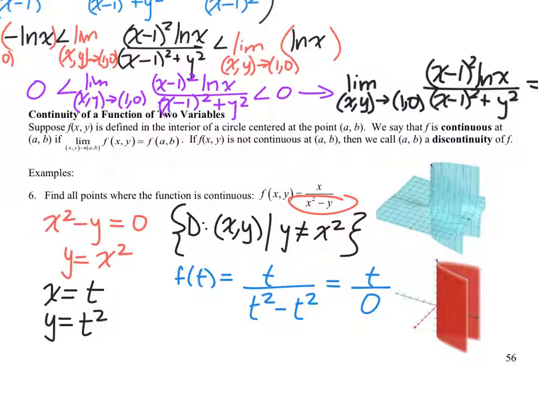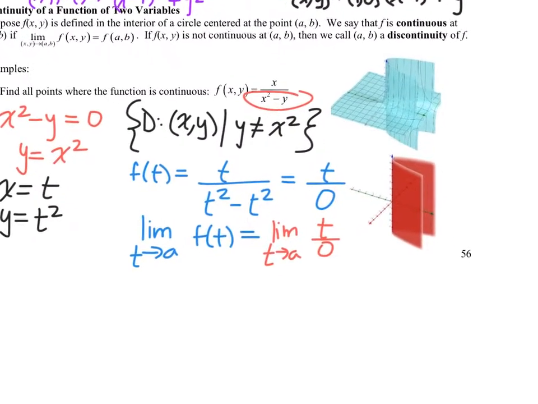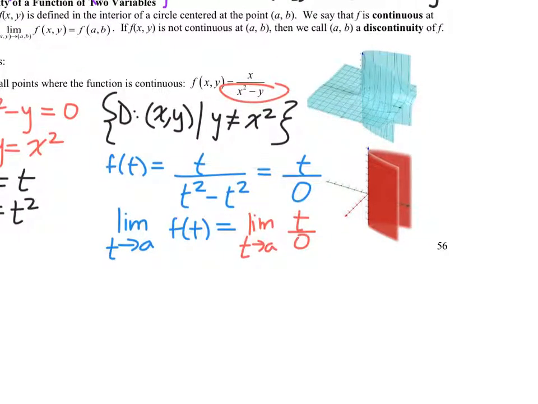All right, so if I'm looking for the limit as t approaches some constant a of f of t, what I'm going to get is the limit as t approaches a of t over 0, because that's a simplified form. And then you just write DNE. No solution, therefore the limit does not exist.